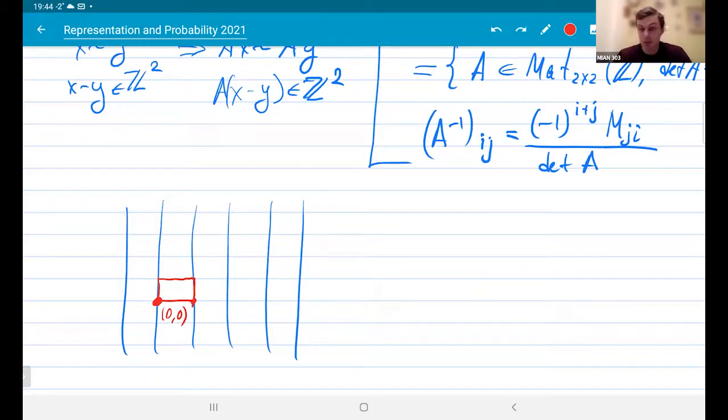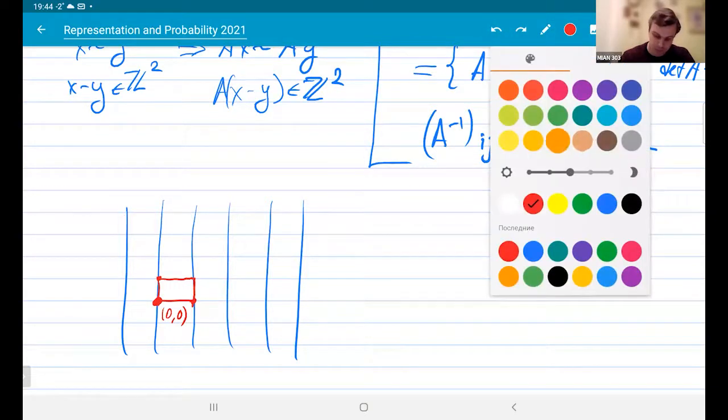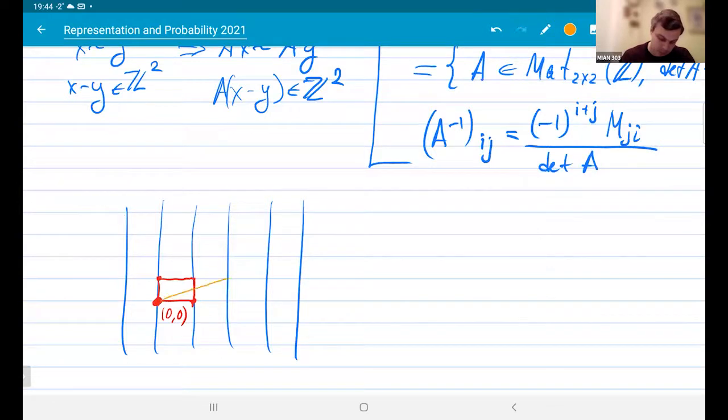And let's draw its image. The point (1, 0) maps to the point (2, 1). And the point (0, 1) maps to this point. And of course, the whole image is a parallelogram.